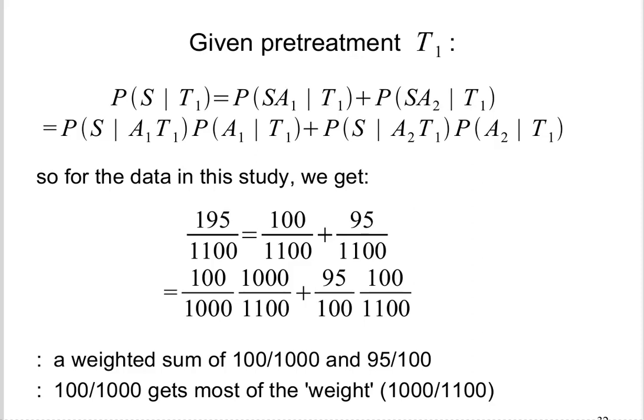Notice we have a weighted sum of two numbers. We have the weighted sum of 100 over 1,000 and 95 over 100, very different numbers. And the weights are different. Notice in the first case that the 100 over 1,000 gets most of the weight: 1,000 over 1,100.